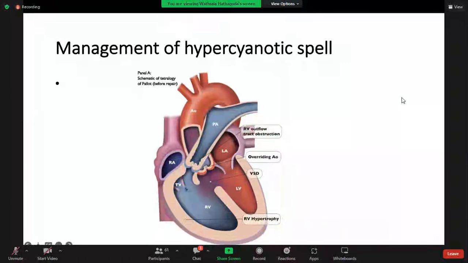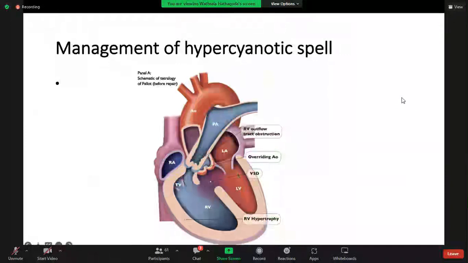What happens is, due to an unknown etiology, the infundibulum, in the pulmonary valve, goes into spasm, and it will completely shut down the pulmonary blood supply, increasing the pressures and causing more shunting from right to left, causing more desaturation in your systemic circulation. Can you understand? So that's what we call a hypercyanotic spell. So sudden deterioration of the cyanosis due to the worsening of the shunt.